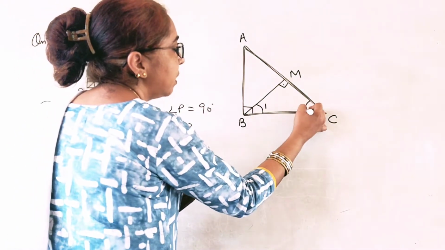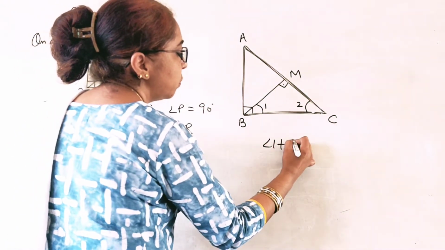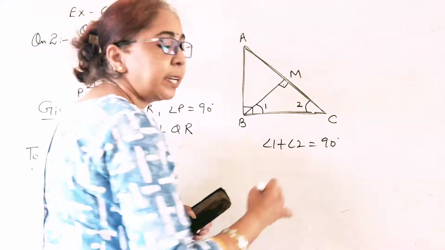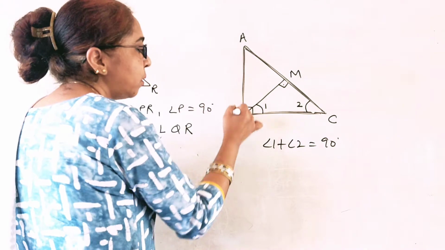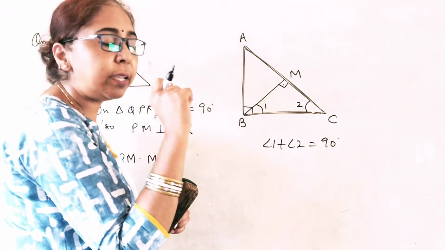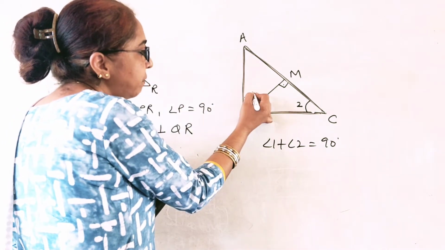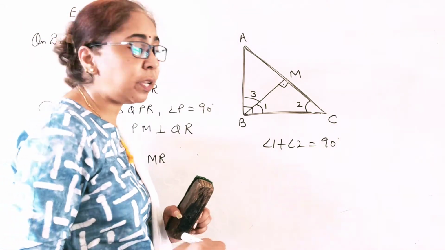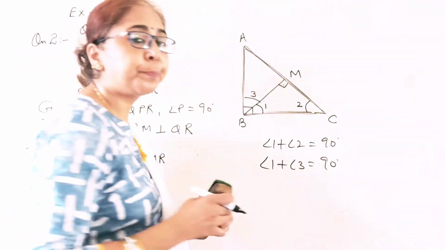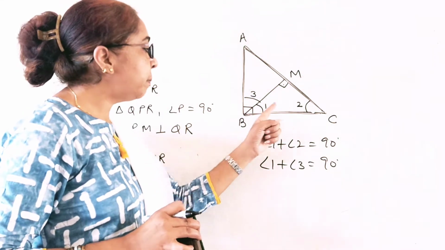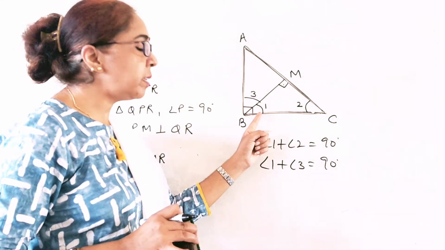So angle 1 plus angle 2 is 90 degrees. Am I right? Here also angle B, the whole angle B, is 90 degrees, and this one, if I call it angle 3, so angle 1 plus 3 is also 90. Got it? 1 plus 2 is 90, 1 plus 3 is 90.